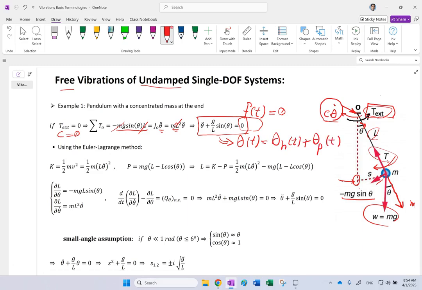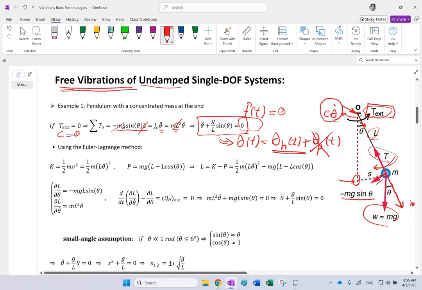The particular solution is due to the forcing function f of t, which in this case you don't have. So all you have is a homogeneous solution. Your forcing function is 0, and the homogeneous solution, as I said, is only due to initial conditions that are non-zero. If they are 0 as well, then theta is going to stay at 0 all the time. So when your only solution is the homogeneous solution, you have free vibrations.